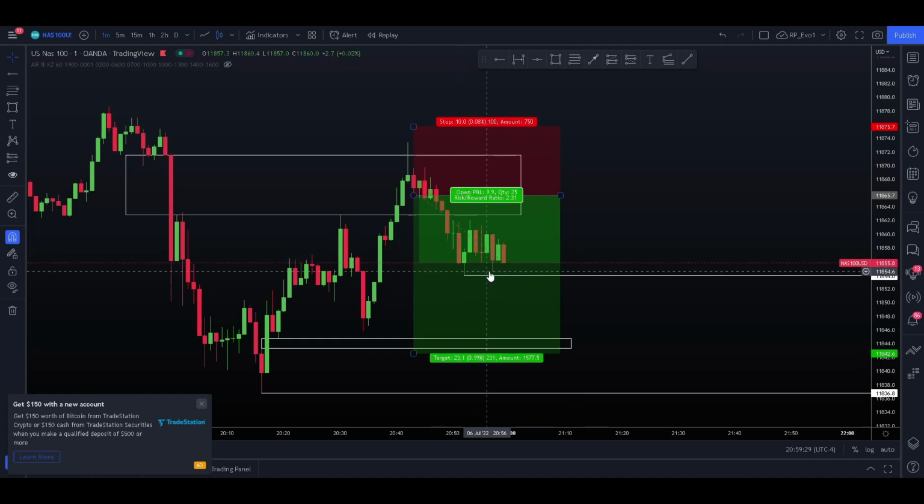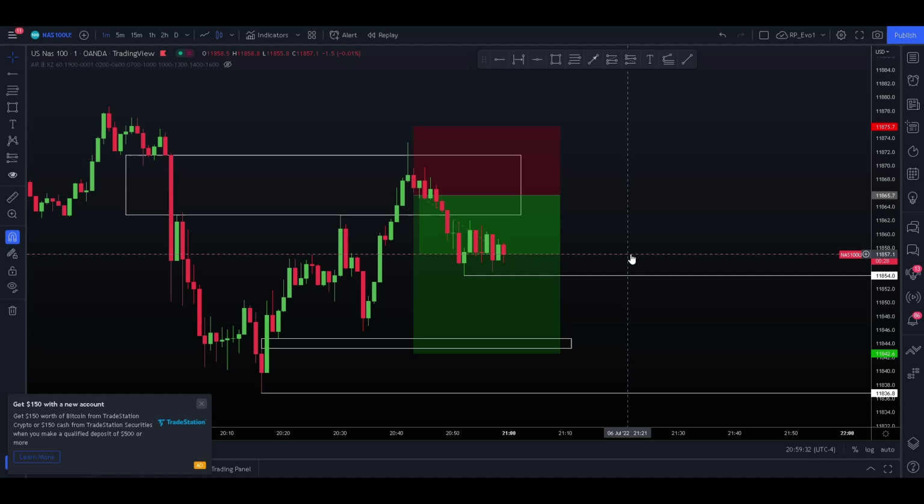We have this low and this low, so come on, it's time to break these lows already and go lower for our final objective.